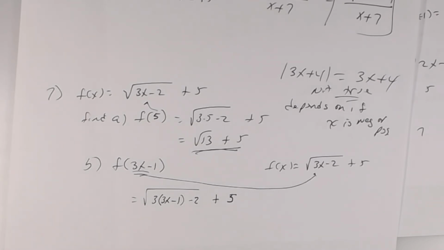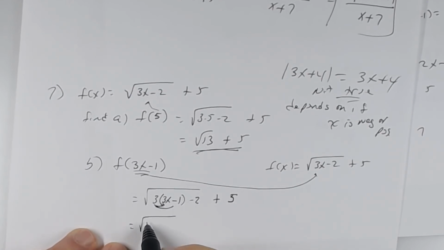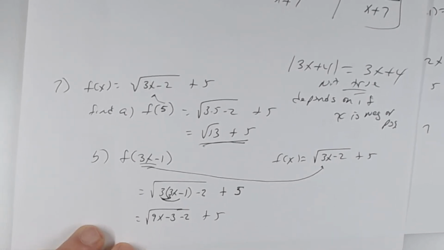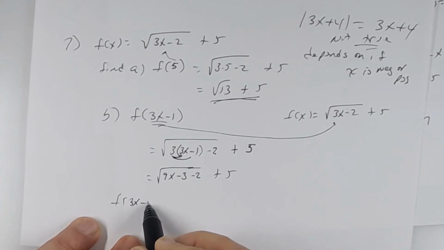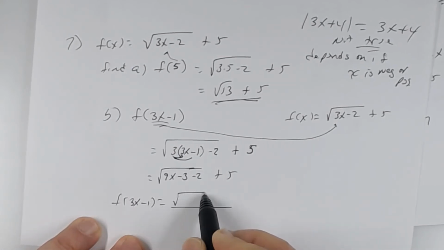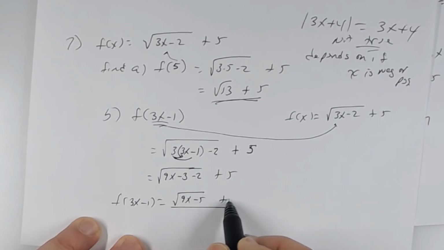What do I need to do with the radicand? Distribute. Good. So 3 times 3x minus 1. So what do I get? The square root of 9x minus 3 minus 2, plus 5 on the outside. And then your answer, so f of 3x minus 1 is going to be the square root of 9x minus 5 plus 5.